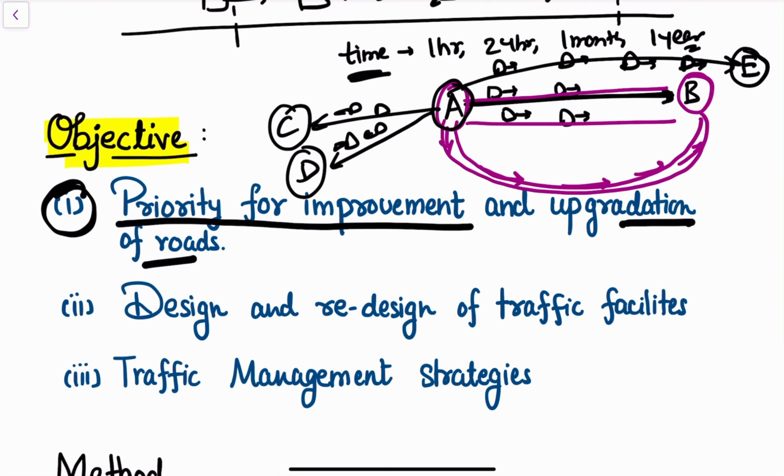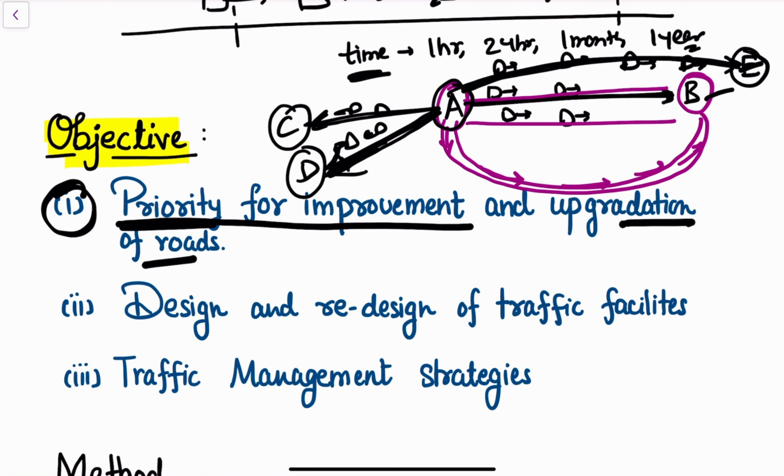So again, we do the traffic volume study to see which road is being used majorly by the commuters on a daily basis, where we have way too much congestion and the traffic volume is too high. In that case, we can prioritize that road section and work upon it, and the other roads can be improved in a further period of time.